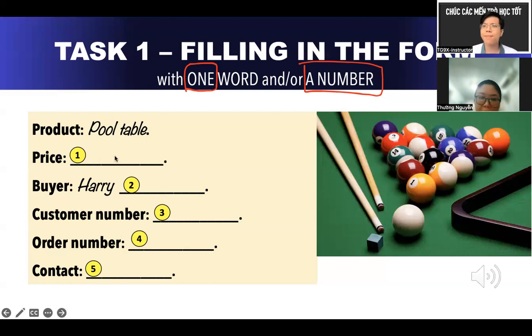How much is it? $800. Okay, that's very good. And number two? Menzies. M-E-N-Z-I-E-S. Okay, so that's correct. And number three? 45993. Not bad. Number four? We have different answers.